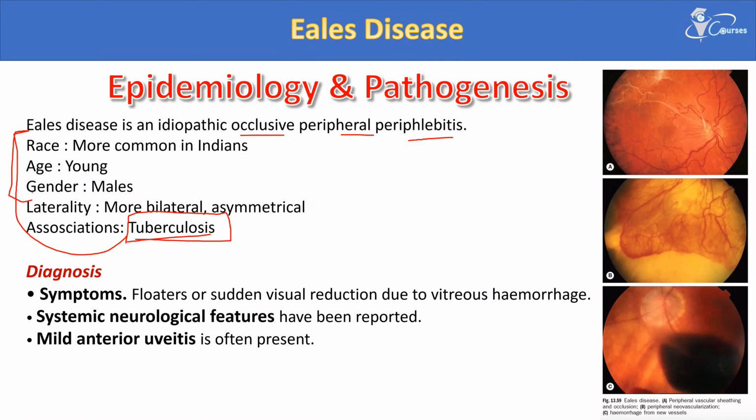Just to put this disease together with other diseases that may present with floaters, like ocular ischemic syndrome and pars planitis. It can present with floaters or with vitreous hemorrhage from complications. Those patients could also have some systemic neurological features, and they could have mild anterior uveitis.